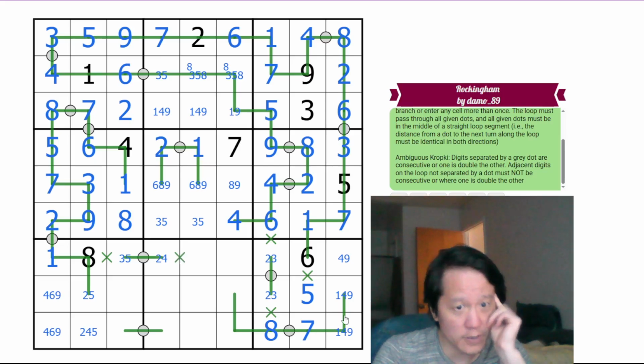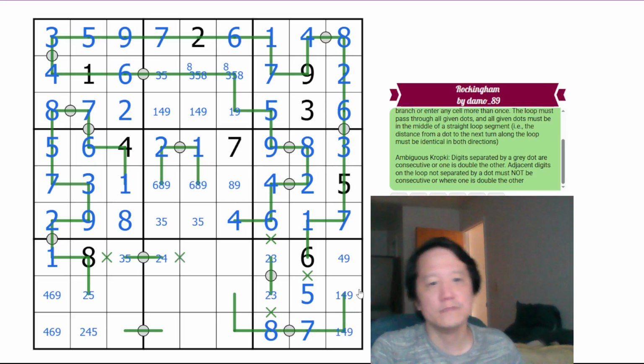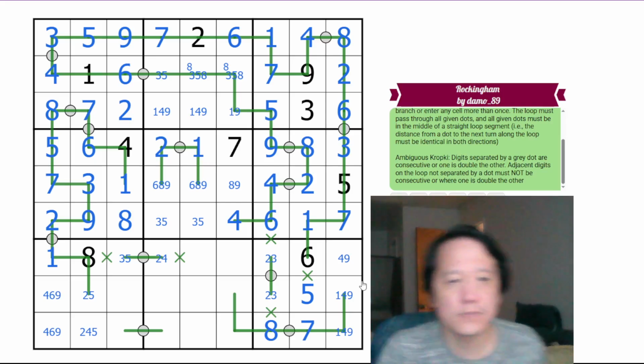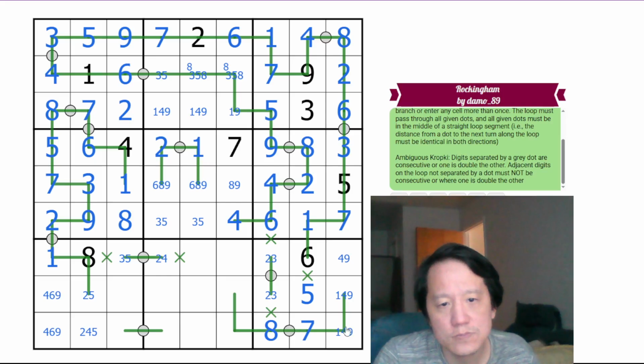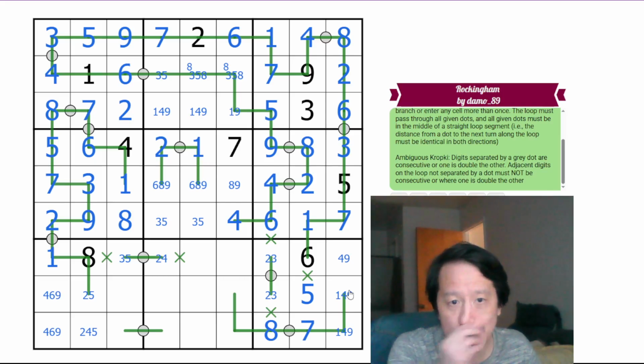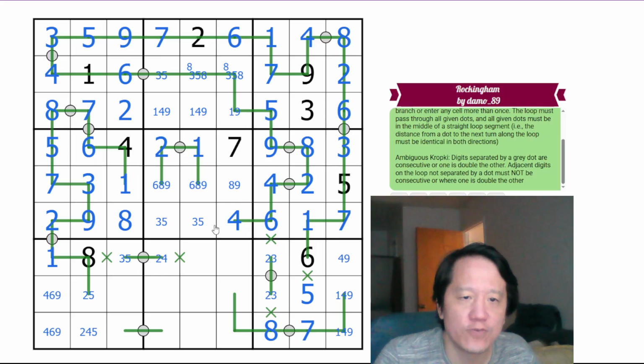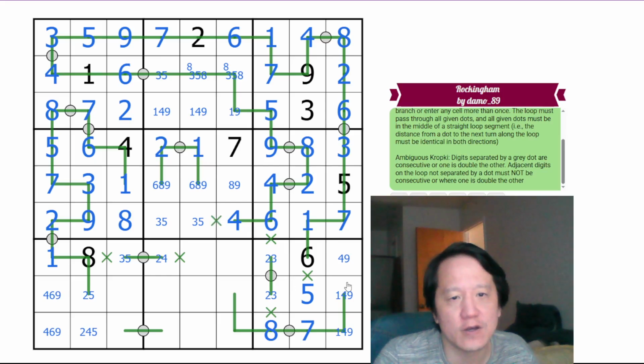Not there, not there. Hmm. 4 cannot go to the 3 or 5.